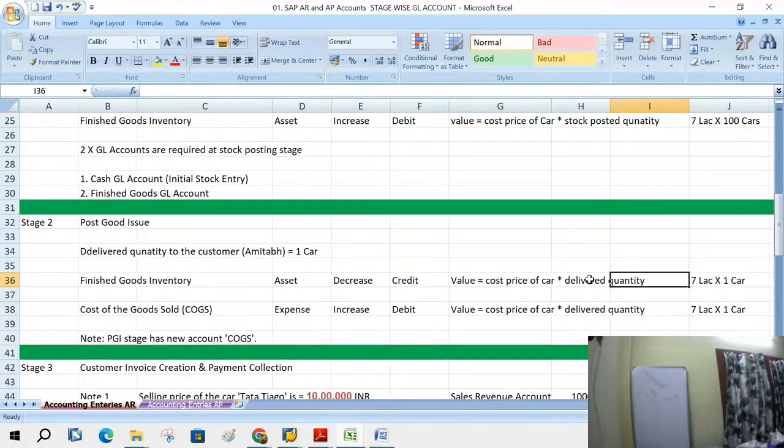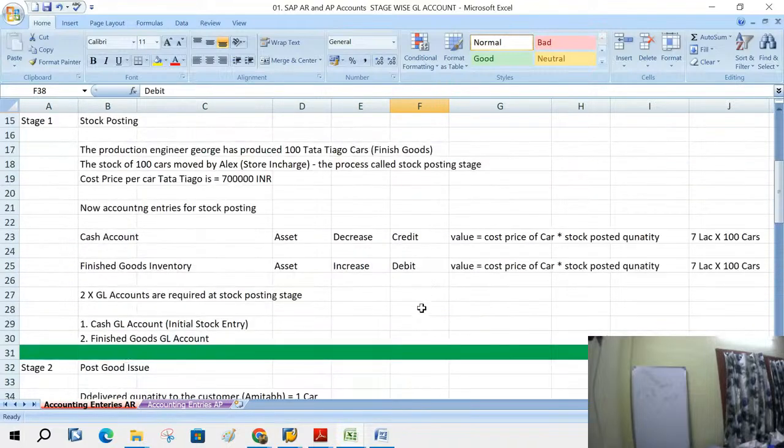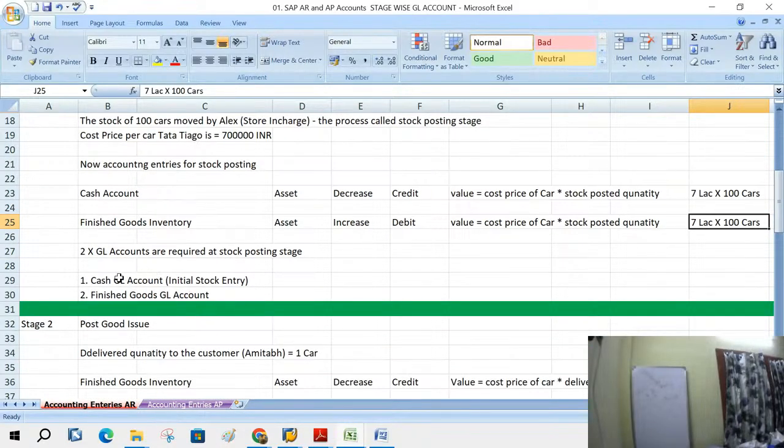The delivered quantity was 500 and the cost price you maintained was 1000 euro, correct. So the value that came was 500,000, and cost of goods sold is an expense account. Now expense is increasing, so for an expense increase it is debit. Clear? By the same value. So what are the two GL accounts which you are going to create?